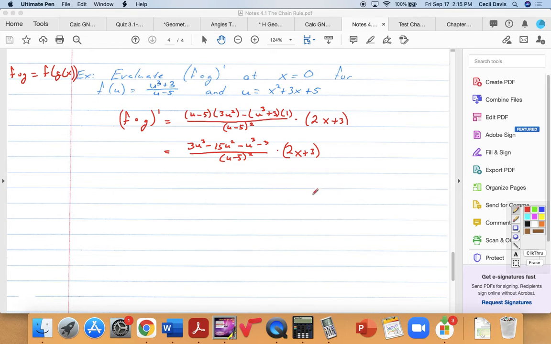Be careful not to lose the parentheses on the 2x plus 3. That's an easy thing to miss. All right, and then let's finish cleaning that up. It's 2u cubed minus 15u squared minus 3 over u minus 5 quantity squared times 2x plus 3.